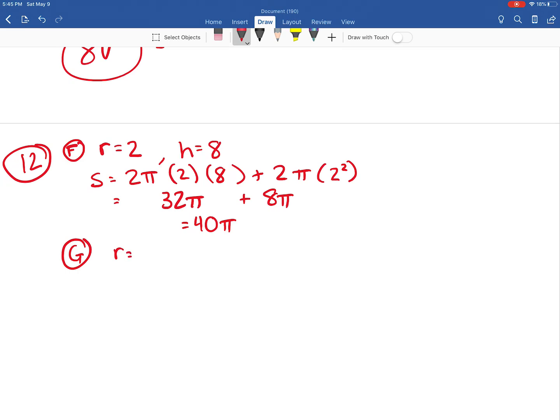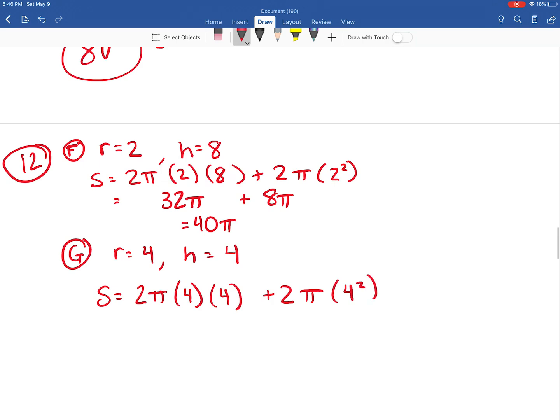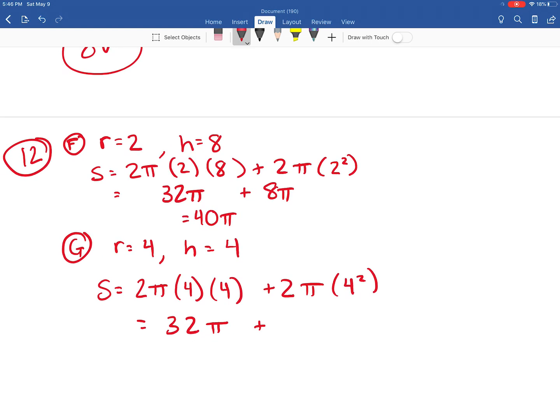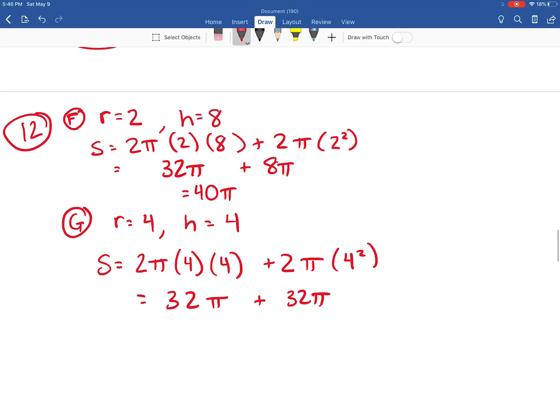Let's look at letter G. The diameter is 8, which means the radius is 4. And my height is 4. Surface area is 2 times pi times r times h plus 2 times pi times r squared. 4 times 4 is 16, times 2 is 32 pi. 4 times 4 is 16, times 2 is 32 pi.